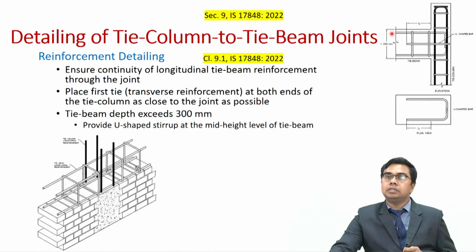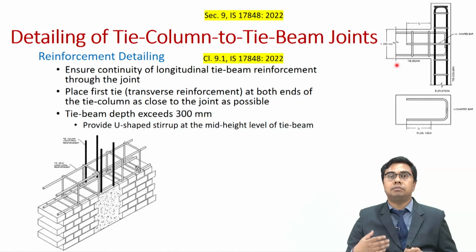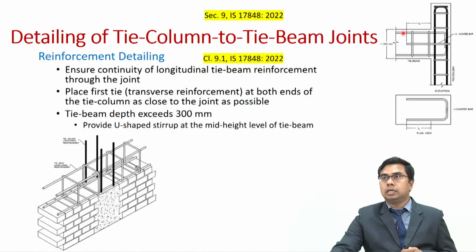Now, what happens if your tie beam depth is very large? If your tie beam depth is exceeding 300 millimeters, then in such cases we need to provide a U-shaped stirrup at the mid height level of the tie beam. In the plan it shows like this, in the elevation it appears like this.